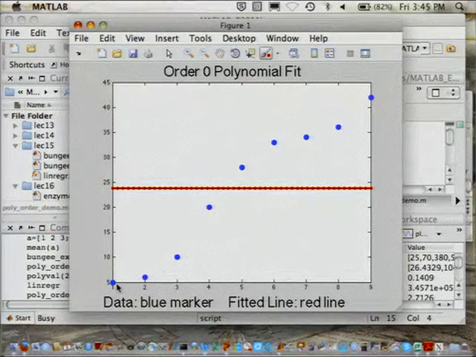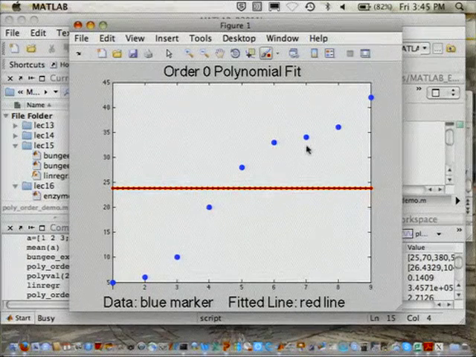And then we've used polyval to calculate the function of that polynomial at 50 equally spaced points, going from 1 up to 9. So our original data was the blue points. We calculated the coefficients using polyfit. We then used polyval to estimate the value of that polynomial at those red data points. And then we can look at these red points and see how they compare to the blue points.